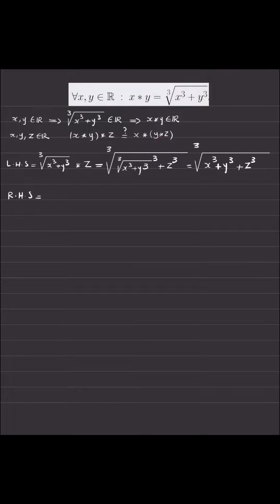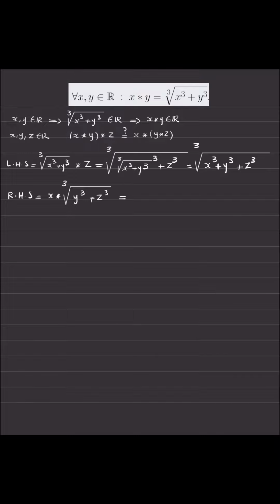So I copy and paste x star, but instead of y star z, I use the definition to write it down. This is my first number, this is my second number, so this becomes the cubic root of the first number cubed plus the second number cubed.